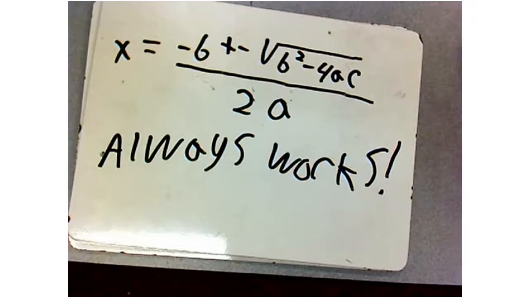A is 9, B is negative 12, C is 4. So, let's calculate b squared minus 4ac. So negative 12 squared, and then you would write minus 4 times 9 times 4. So turns out that is equal to 144 minus 144.